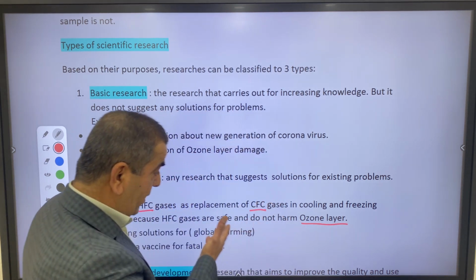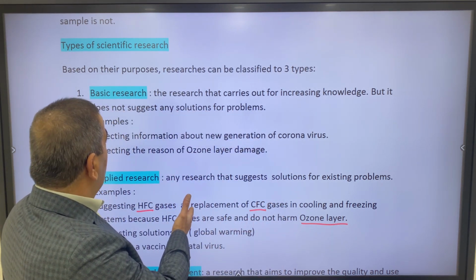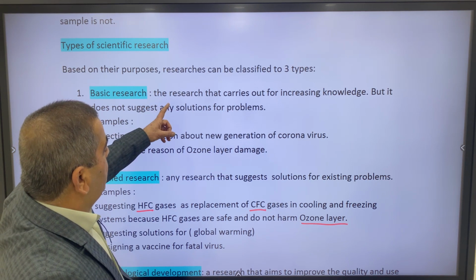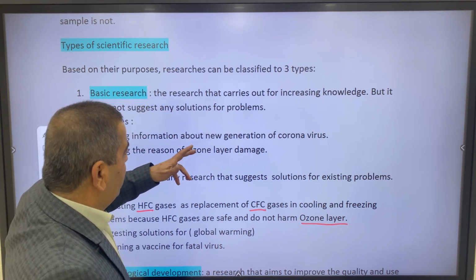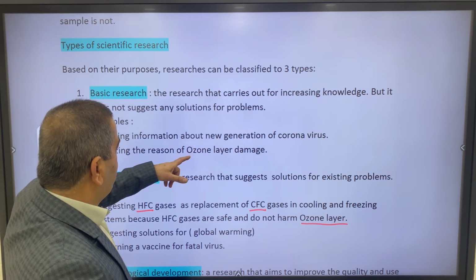So here is what? Here is the solution. In basic research, they just made a determination about what? About the reason.